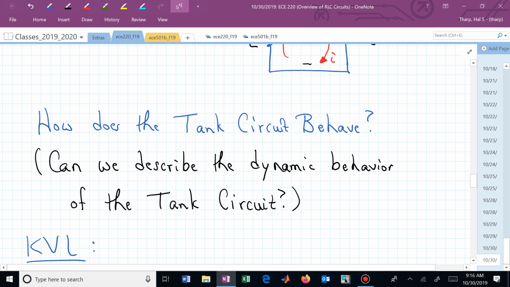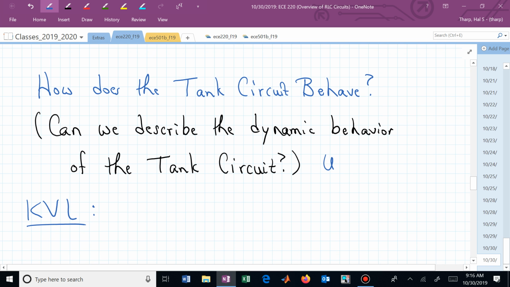We want to keep track of the state of this circuit. State variables. We know what the state variables are for an inductor and a capacitor. So let's use state variables as best we can when we're starting to write differential equations, or use state variables to describe the dynamics of these circuits.